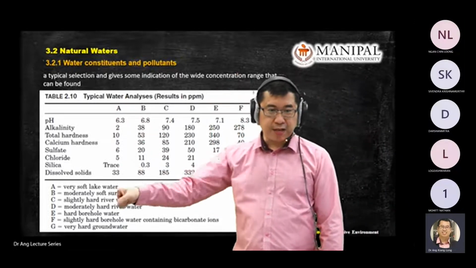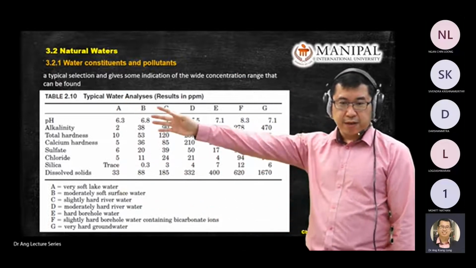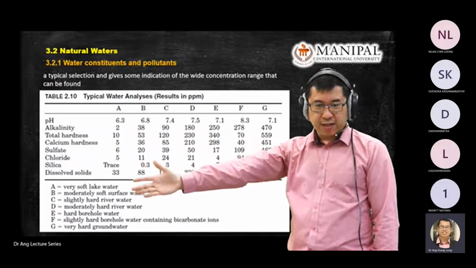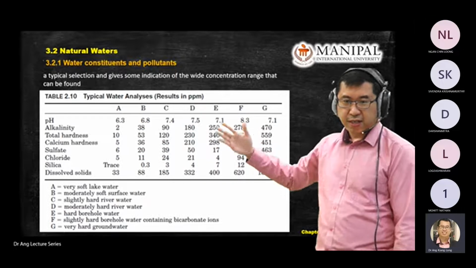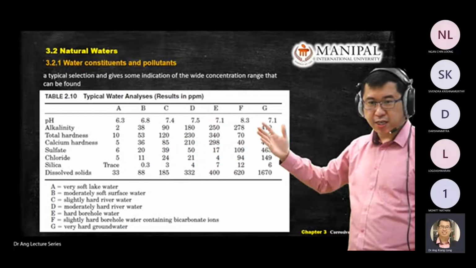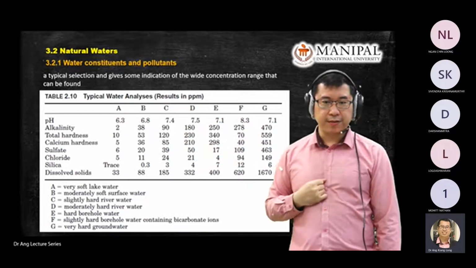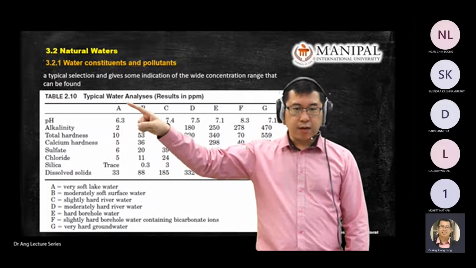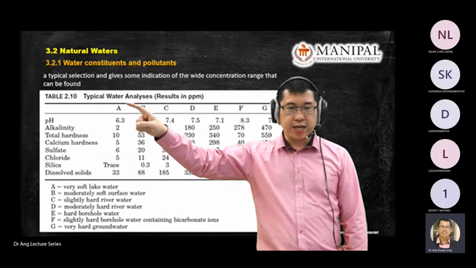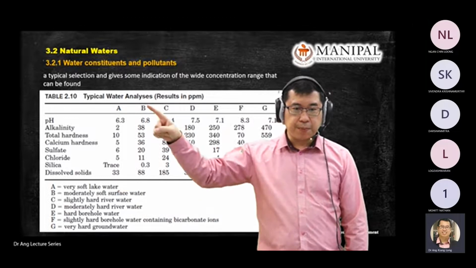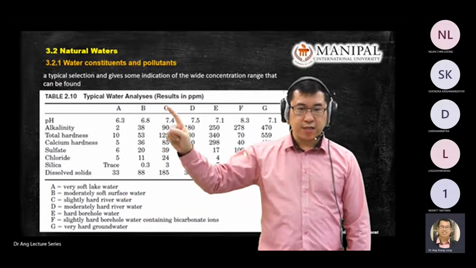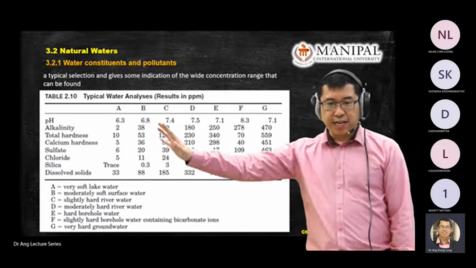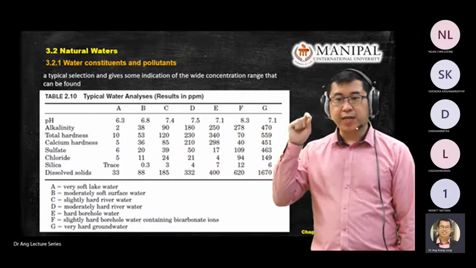So I only picked 7 over here, and you can group your criteria into different families from A, B, C, D, E, F, G. So for example, how do you know what A is? A is very soft lake water. B is moderate soft surface water. C is slightly hard river water, and so on. And all these values will give you some idea what the sample is that you send in.